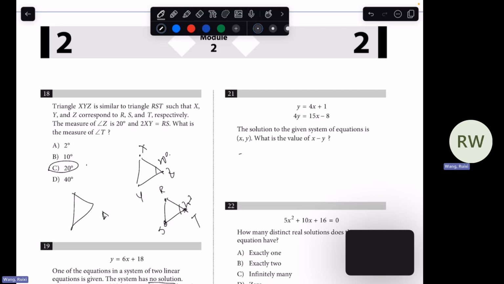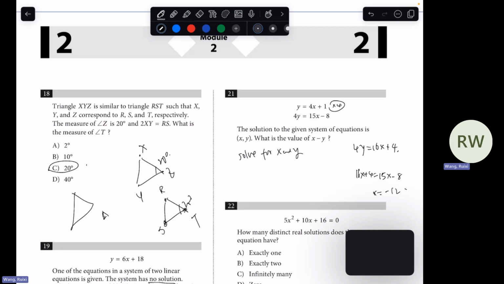So we can directly solve for x and y, which is not hard, right? I just multiply the first equation by 4. I get 4y equals 16x plus 4, which means that 16x plus 4 equals 15x minus 8. So x equals negative 12.